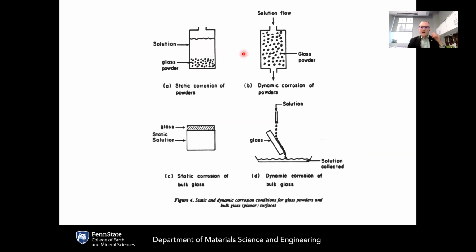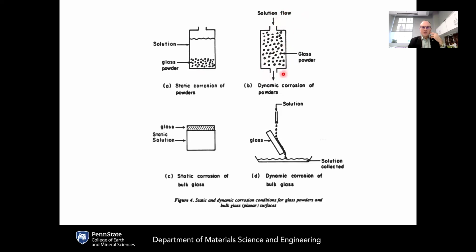On the right-hand side, in the dynamic corrosion experiments, we have solution that flows through the glass powder. Usually this glass powder would be in some sort of vessel, and then that is connected to tubes where the solution flows in and flows out. And then the solution is collected at the output and analyzed to determine the concentrations of ions that get released.